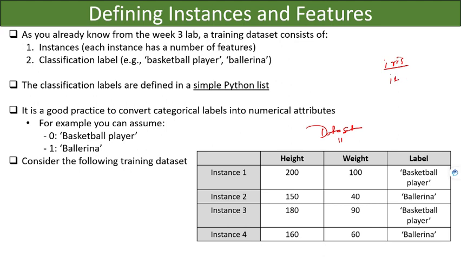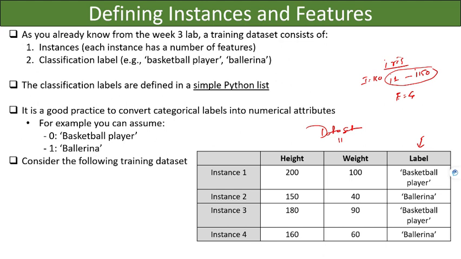You had instance 1 until instance 150, so 150 instances, and 4 feature vectors. Feature vectors equal to 4, instances equal to 150. And this is your class label, where in the iris dataset the class label represents flower types.